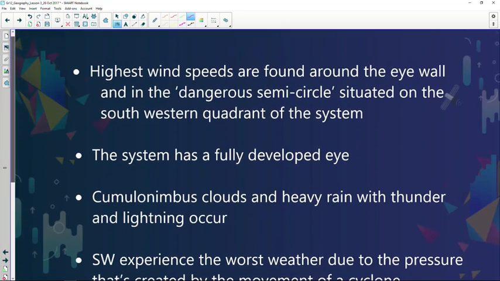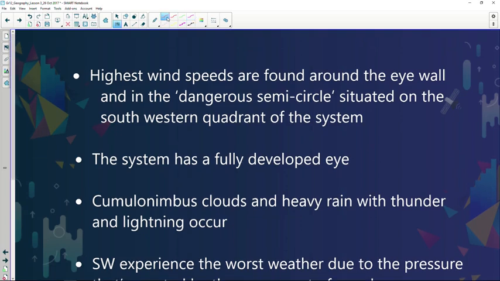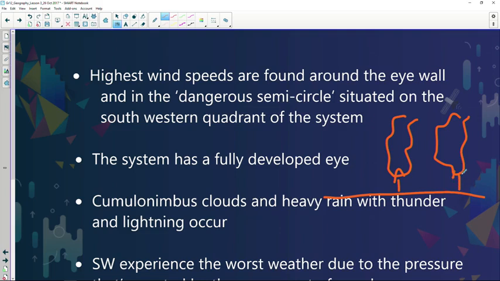Now, a couple more characteristics about the mature stage of a tropical cyclone. The highest wind speeds are closest to the eye wall. If we go to the cross section in the previous couple of slides, we had your first vortex and your second vortex.